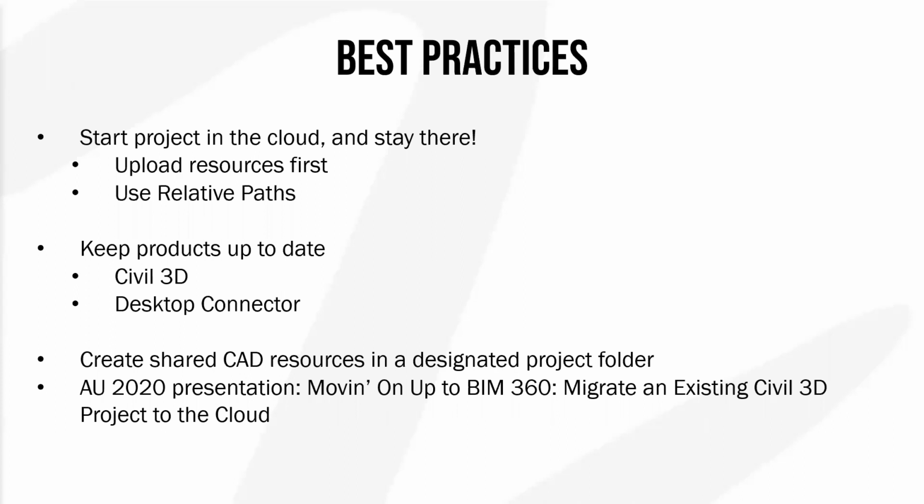I know it says BIM 360, but it works in a similar fashion to ACC. It's a really good presentation if you already have a Civil 3D project up and running and you want to migrate it to the cloud. We're also planning a webinar on this very soon, so if you can't find it, don't worry, we're organizing a webinar to go through this workflow again as well.